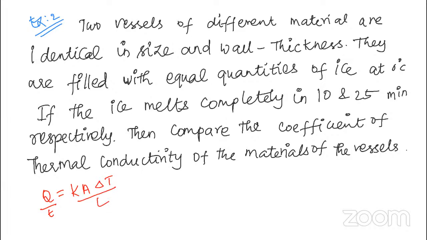So in this, for two vessels of different materials, which value is going to change? Yes, very good. K value is changed. Very good, Shanmuga Priya. And K value is nothing but the thermal conductivity of a material, right?